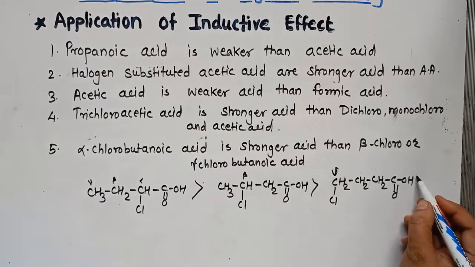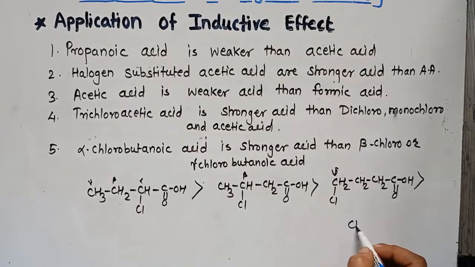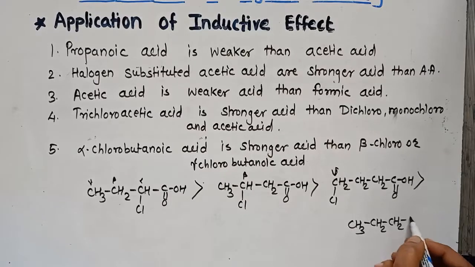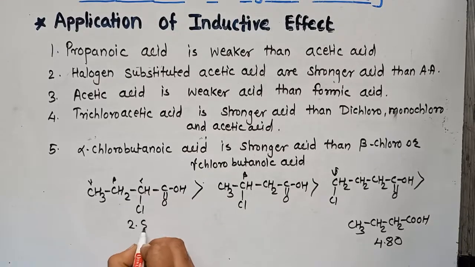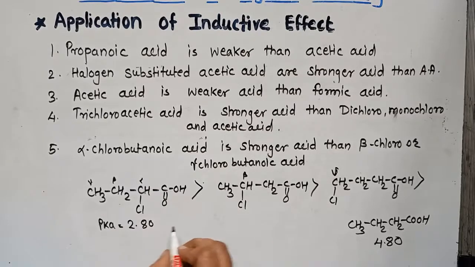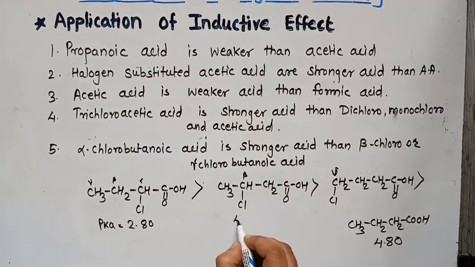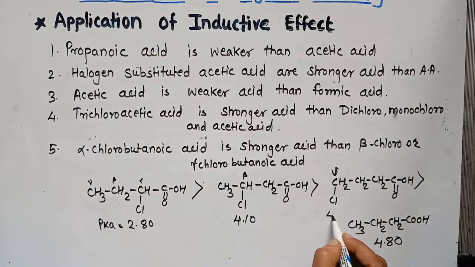And lastly butanoic acid, the structure of which I draw here: CH3, CH2, CH2, COOH. Here the pK value is 4.80, and here the pK value is 2.80, 4.10 and here 4.50. So smaller the pK, stronger is the acid.